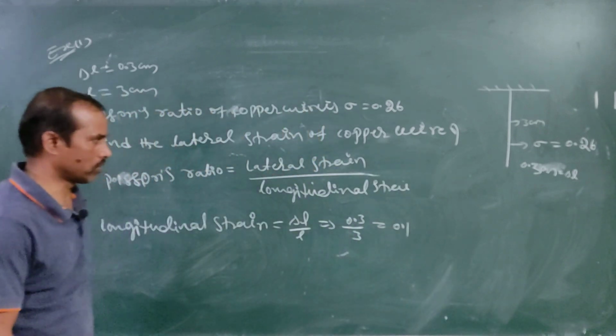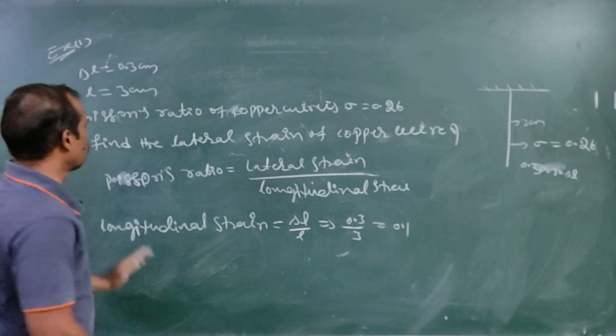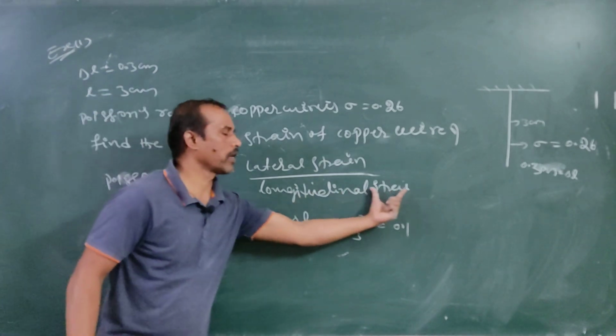Now the lateral strain is equal to Poisson ratio into longitudinal strain, delta L by L. Here sigma is the Poisson ratio of the copper wire, 0.26. Delta R by R is the lateral strain.